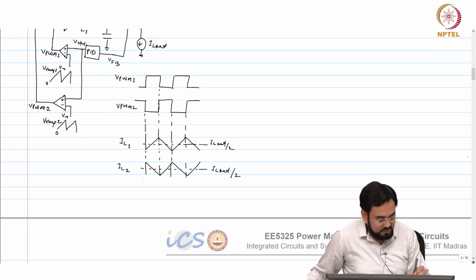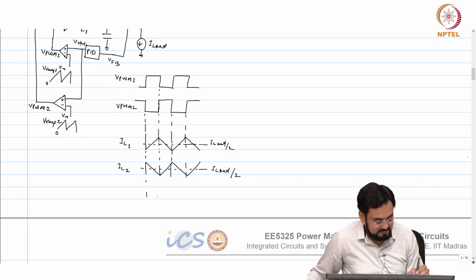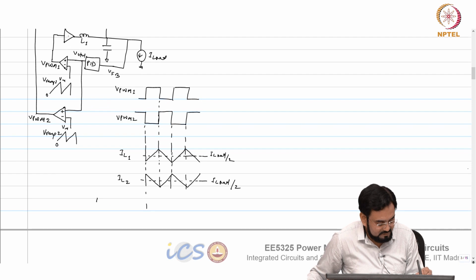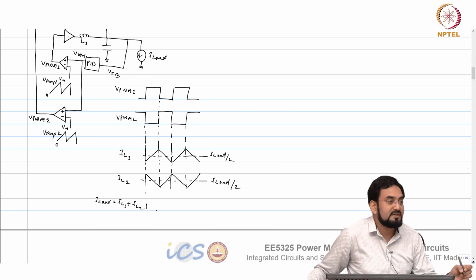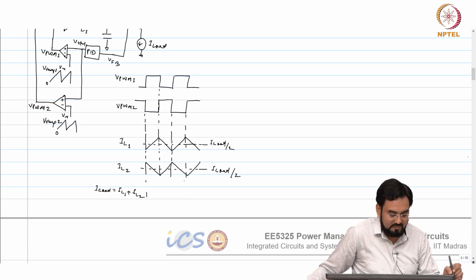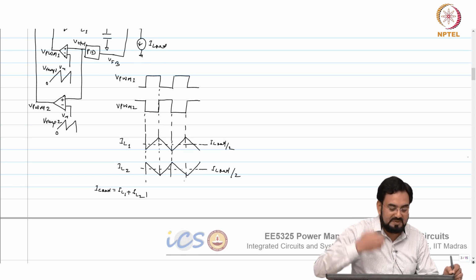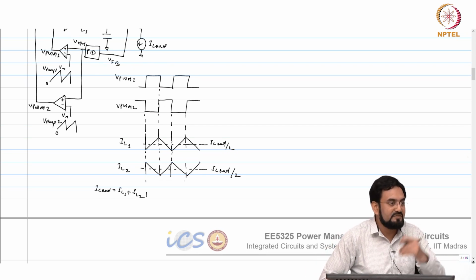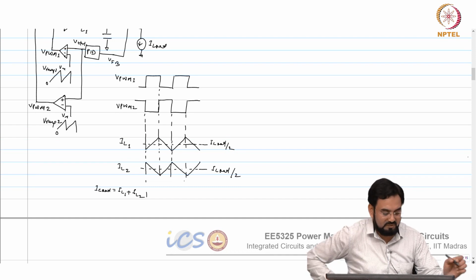So, if I add the 2, correct, what will happen? So, let us say it is a 50% duty cycle, rising and falling slopes are same, what will be the current?